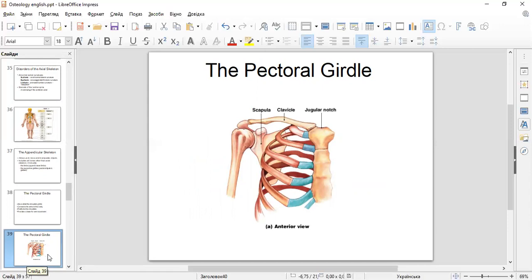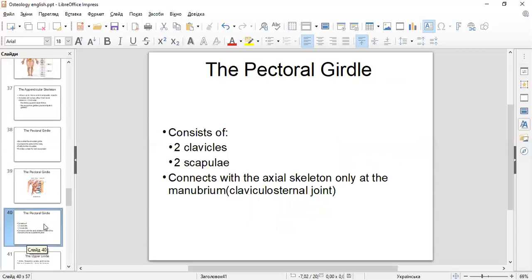The pectoral girdle consists of scapula, right and left, clavicula, right and left. Connects with the exoskeleton only at the manubrium and forms the sternoclavicular joint.